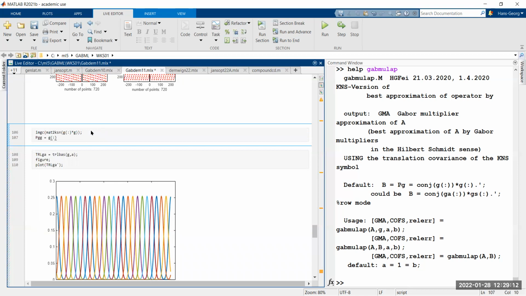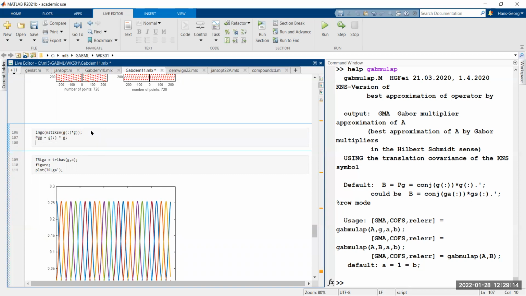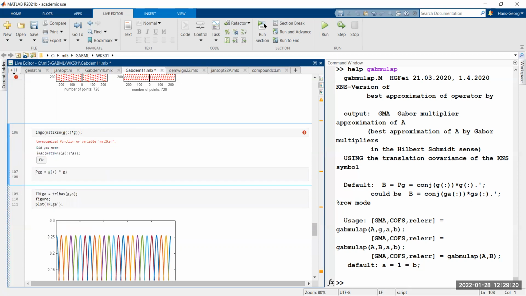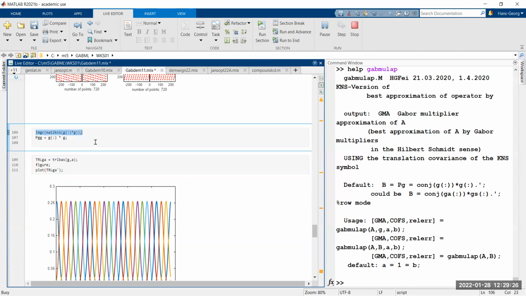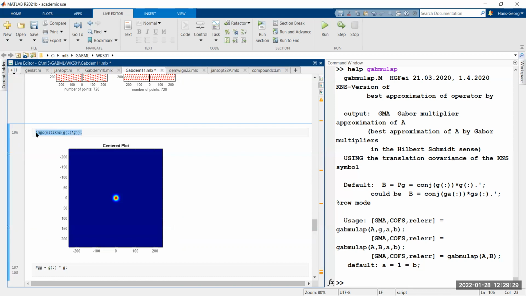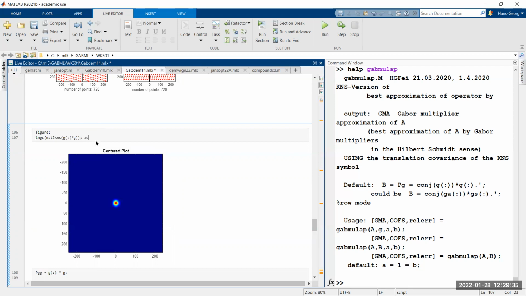The projection operator is just this scalar product, because I'm taking first the scalar product with this, and we are not very surprised that this actually is a Gaussian. Maybe we do a strong zoom.